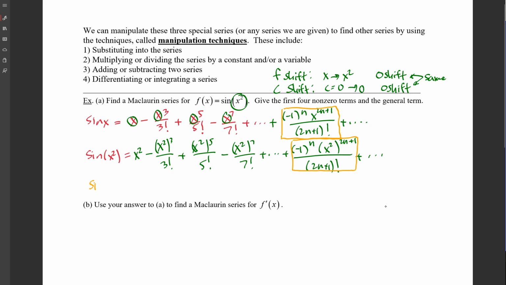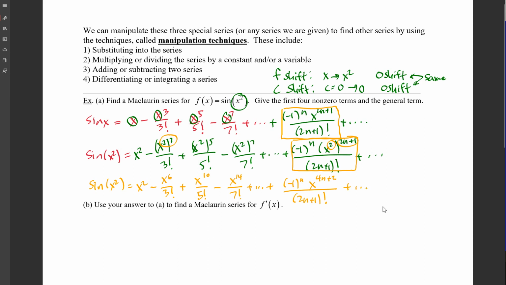I can simplify this. Sine of x squared is equal to x squared minus, this is a power to a power, so that's x^6 over 3 factorial plus x^10 over 5 factorial minus x to the 14 over 7 factorial plus dot, dot, dot, plus -1 raised to the nth power times x, and this is power to a power, so that's going to be 4n plus 2 all over the quantity 2n plus 1 factorial plus dot, dot, dot.